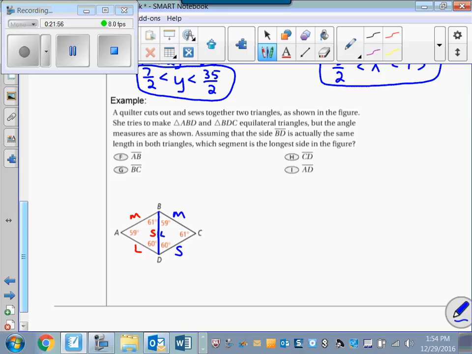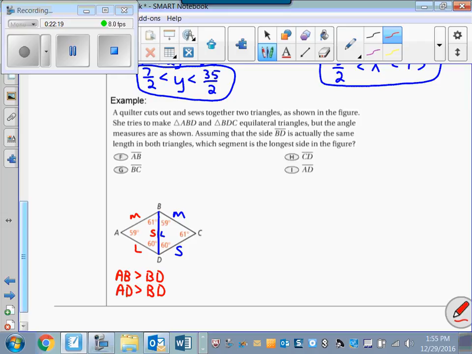So how are we going to figure this out? Well, look. If BD is the shortest side in the red triangle, then I know that both AB is longer than BD, and AD is certainly longer than BD.